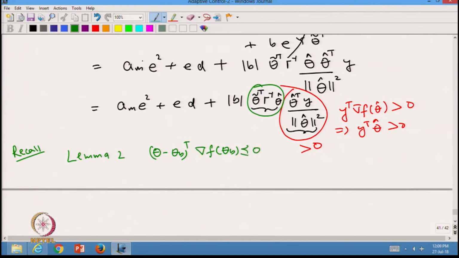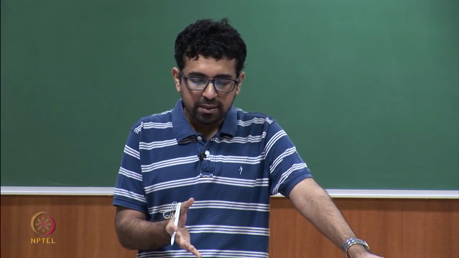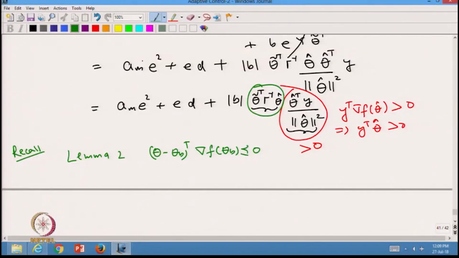In this case theta b represents the theta at the boundary of the set, and case 2 in fact represents that the estimate lies on the boundary. So for case 2 we can write this as theta minus theta hat transpose, and the gradient at theta hat I have already calculated to be twice theta hat. So we can just write this as theta hat less than or equal to 0, which means that we are looking at theta tilde transpose theta hat less than or equal to 0.